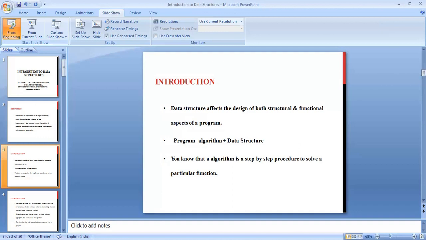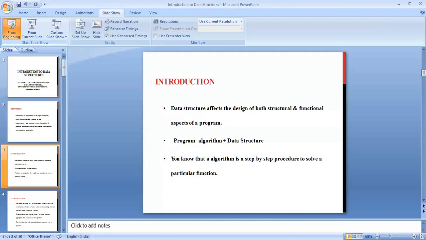So here you concentrate more and more on the structure, how we store the data. And if you want to know more about that relationship, you should study the subject database management systems, DBMS.